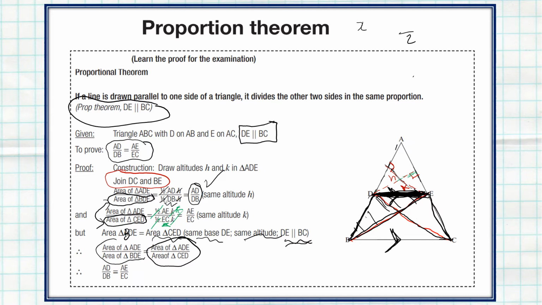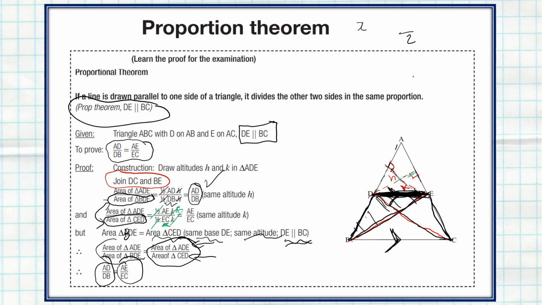So after equating the two, you realize that here it is. We have now proven that AD over DB is equal to AE over EC, because area of triangle ADE over area of triangle BDE was AD over DB. We already calculated it and we found AD over DB. Area of triangle ADE over area of triangle CED was AE over EC.